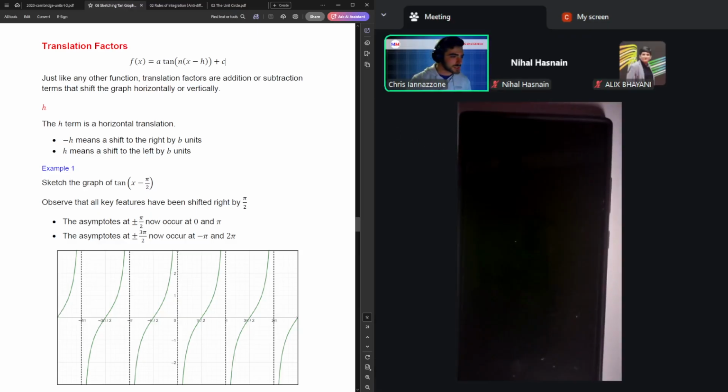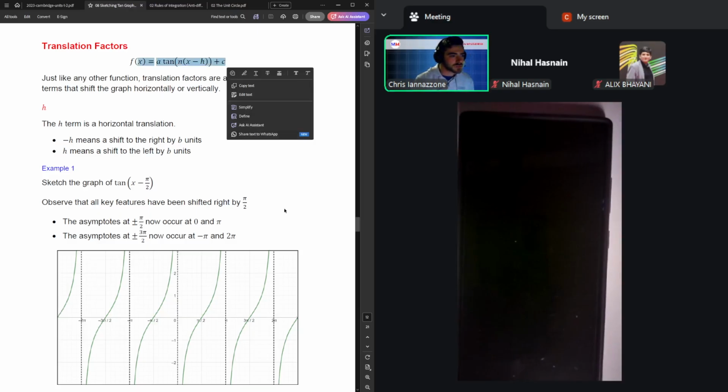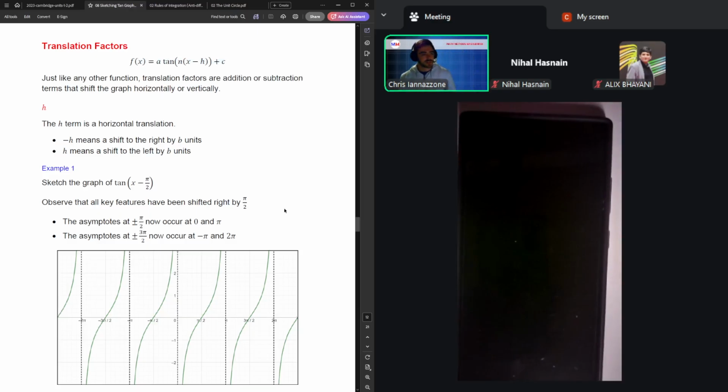But yeah, so you can think of this as the fully generic form of the tan graph. You now have both dilation factors and you have both translation factors. Now, yes, that is shifting it horizontally. If you have minus, it shifts right. If you have plus, it shifts left. If we look at the procedure, when it comes to solving our asymptotes, we're just solving cos equals 0, which will already have this term in there.